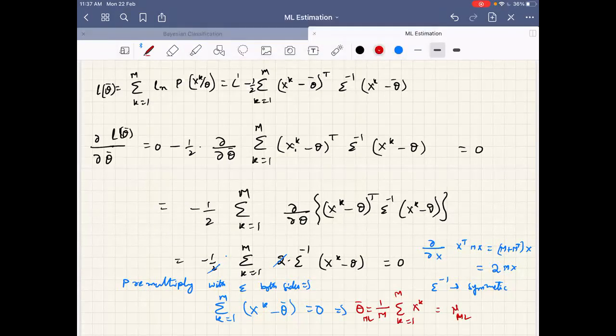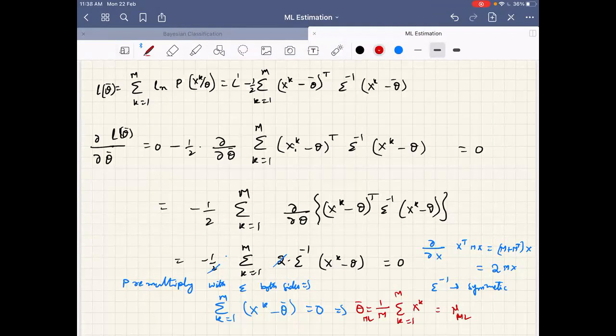Now is this derivation clear? Assume that this is clear. Then you should be able to solve even some problems of this sort. Even if I ask for estimates of parameters in multivariate densities other than Gaussian density, if I give you some density and ask you to do it, you should be able to do it.